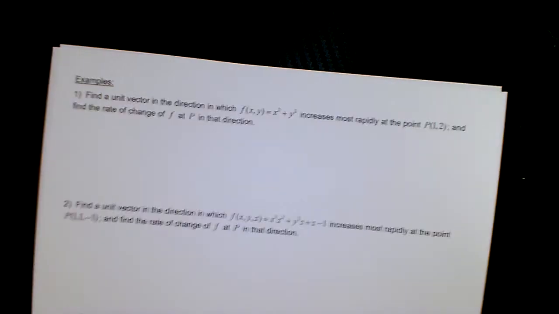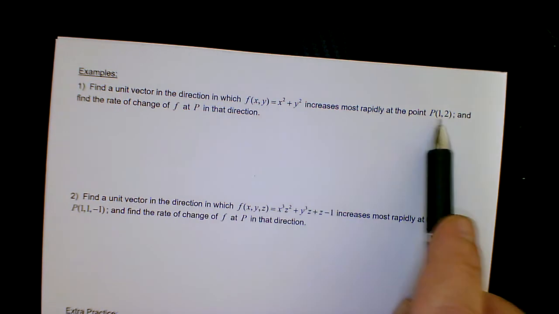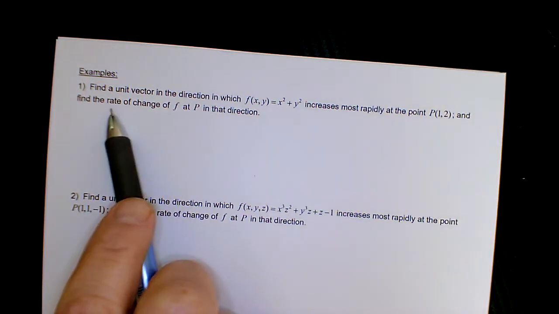Okay, so we want to find a unit vector in the direction in which this function increases most rapidly at that given point, and also find the rate of change of the function, which basically means how fast is it, what is its maximum increase.